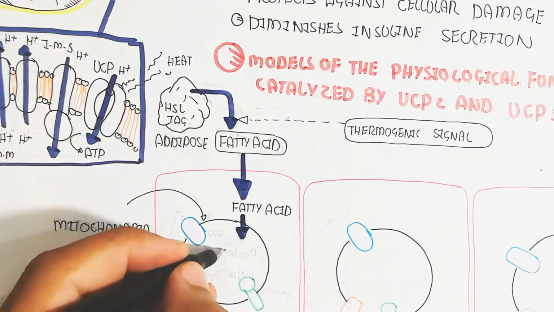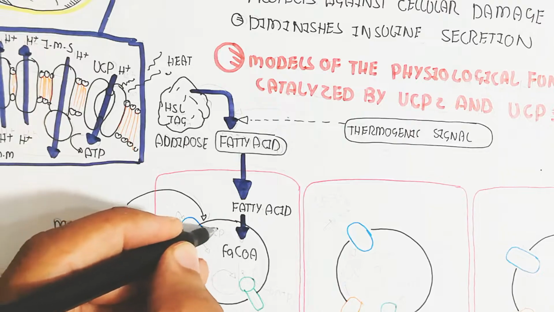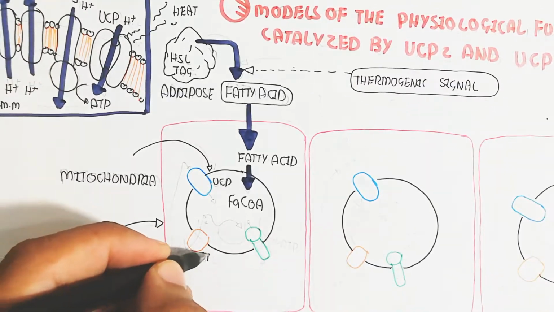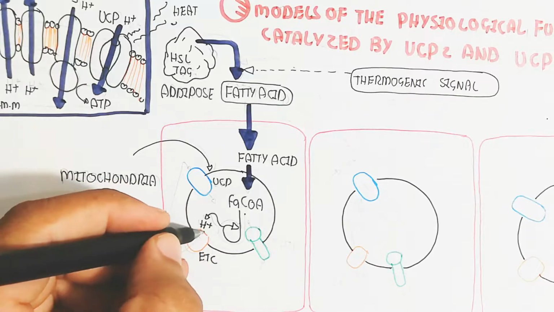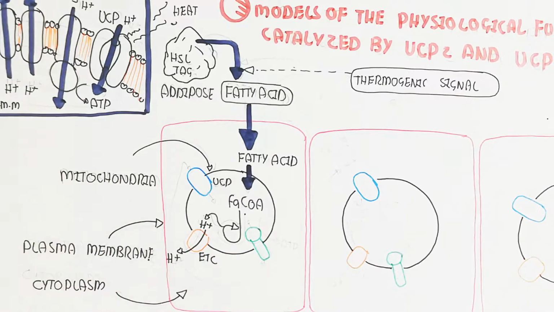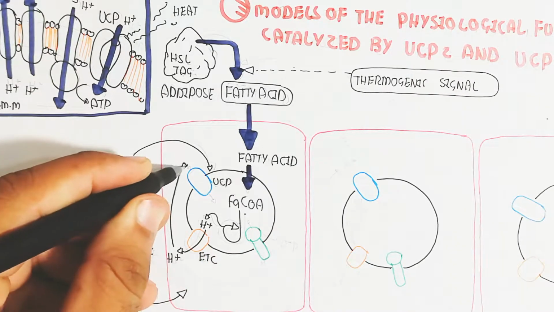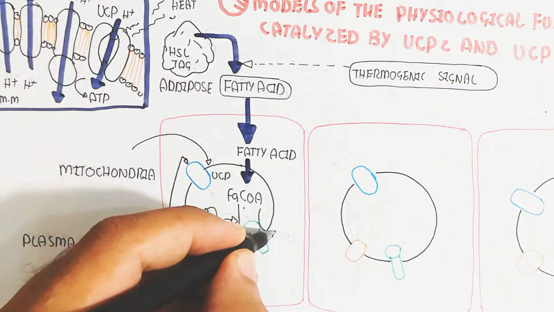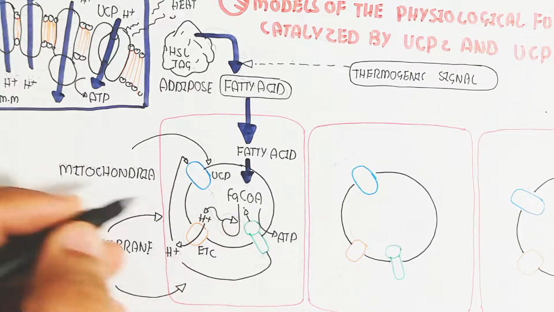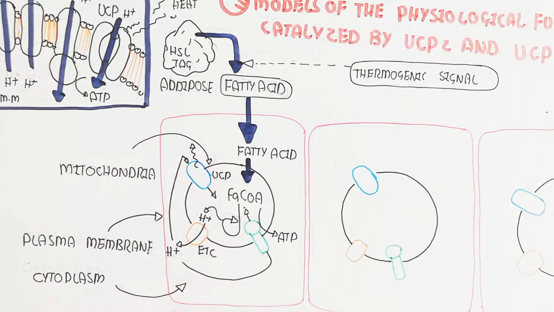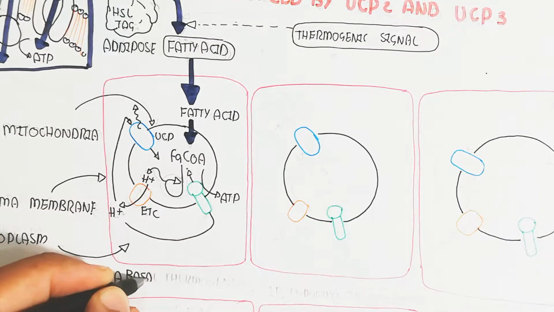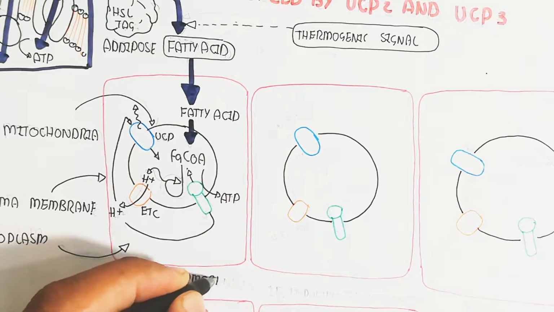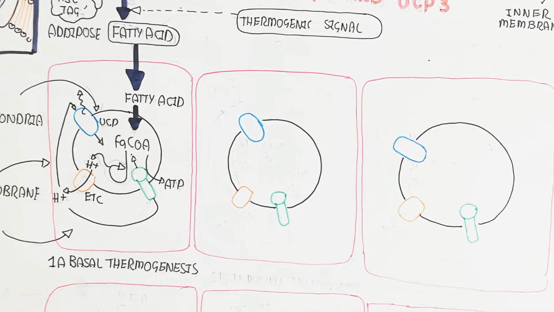When the protons are pumped out, they are used in two ways. One way is UCP and the other way is the ATP synthase enzyme. When protons flow in through ATP synthase, they produce ATP, while when they flow in through the UCP, they produce heat. So this is the 1A basal thermogenesis mechanism.